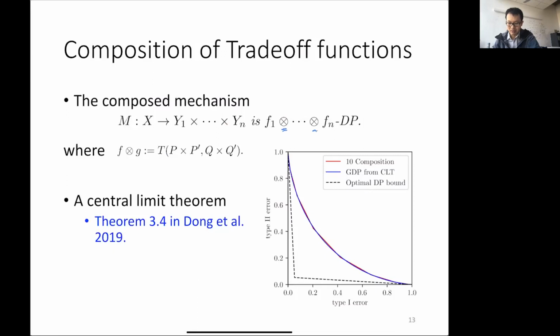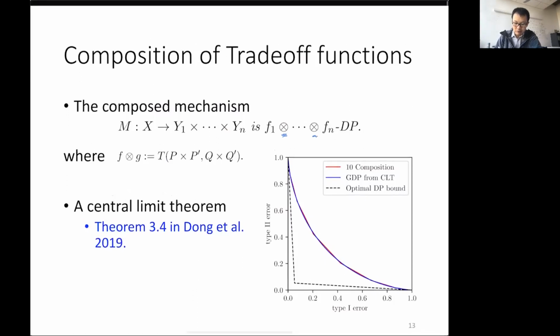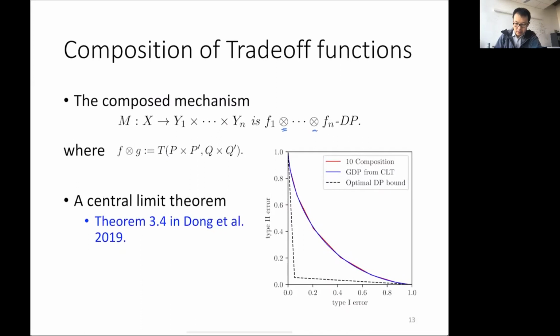What this actually means is that if there exist some P and Q such that F is equal to the trade-off function of P and Q, and G is equal to the trade-off function of P prime and Q prime, then we can define this F composed with G in this way.